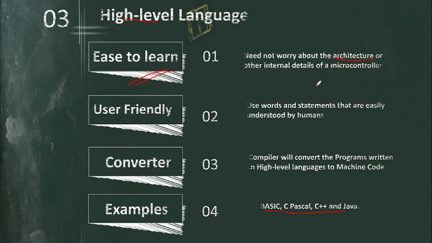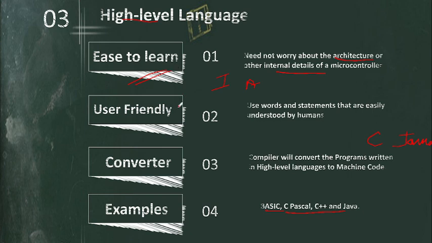Whenever you study the C language or Java, we are not bothered about the architecture of the hardware. There is no need to understand the architecture or any internal details about the system. That's why it is easy to learn: you can just understand the instructions and addressing modes, and then you can write a program.